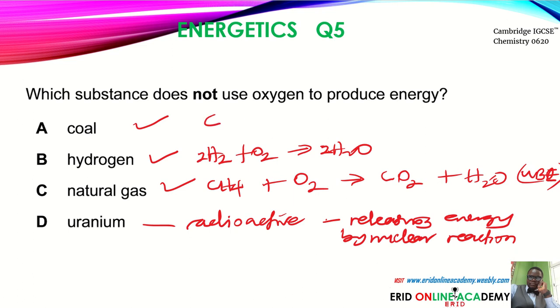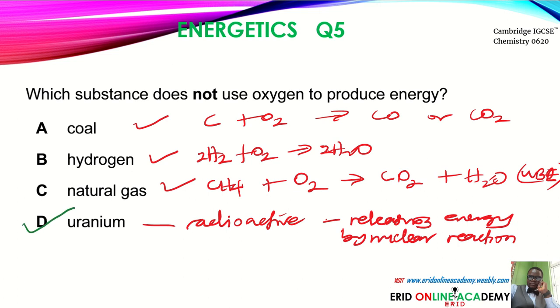And of course your coal, carbon plus oxygen, is going to form carbon monoxide or carbon dioxide, as the case is, depending on whether you have a sufficient amount of oxygen or an insufficient amount of oxygen. So basically the correct answer here is D.